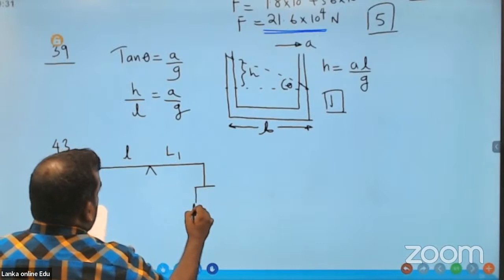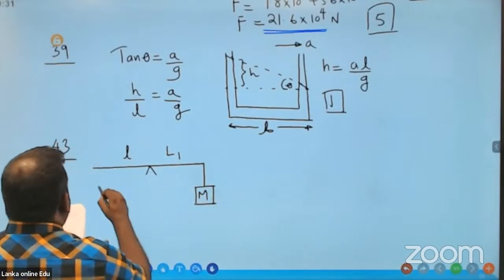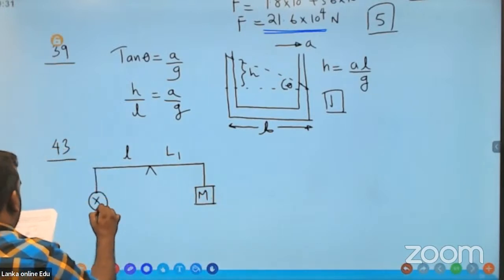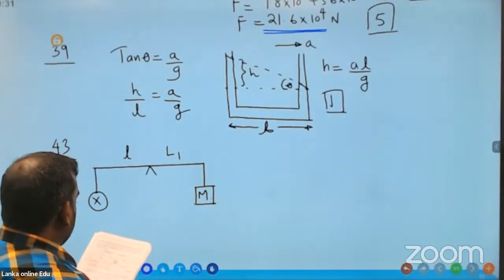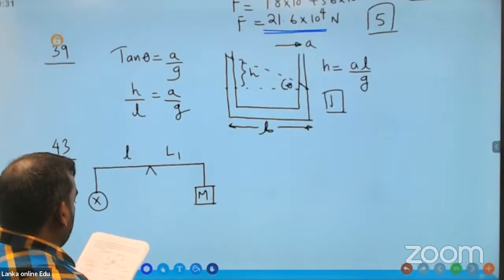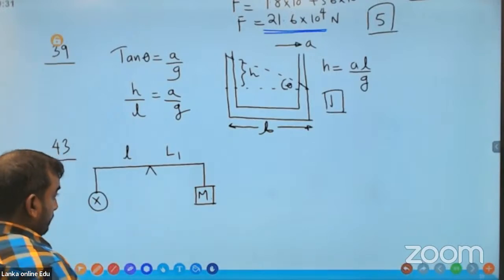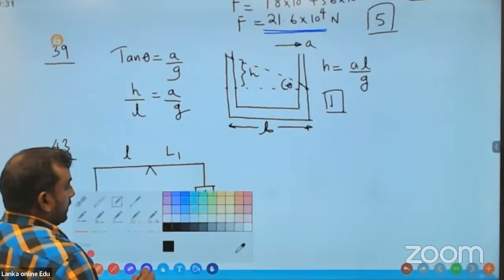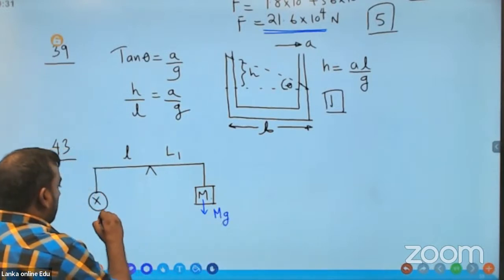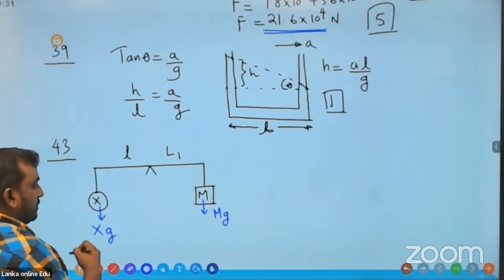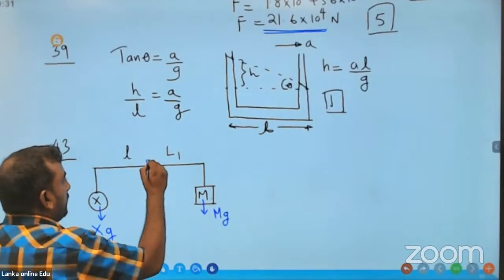Here you have weight, capital M. Here you have another weight, object X, mass M. Balanced position of the same system when X is immersed in water. If the density of water is D, the density of material X is given by. You can take moments here. So capital Mg, you can put here Xg with the weight, no problem.